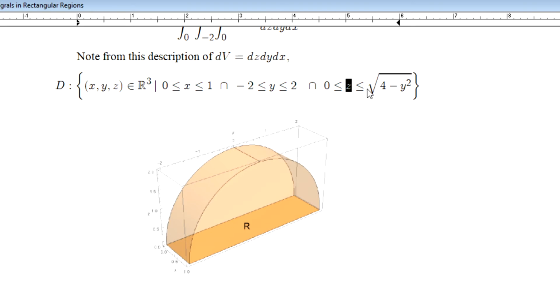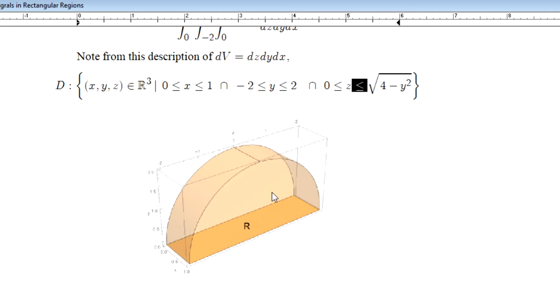As for the upper bound on z, z is upper bounded by the square root of 4 minus y squared, where if we consider what kind of surface that describes, it's what we would call a cylindrical shape. If we squared both sides, we would find z squared equals 4 minus y squared, or z squared plus y squared equals 4. We would have a description of a circle in the yz plane, where we're interested in everything within that circle.